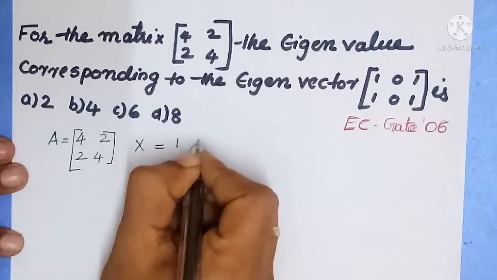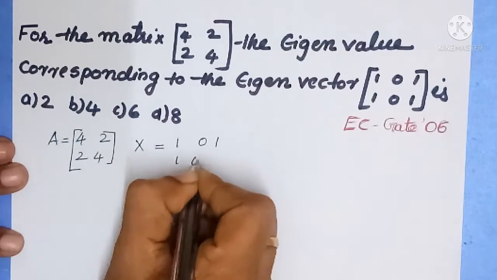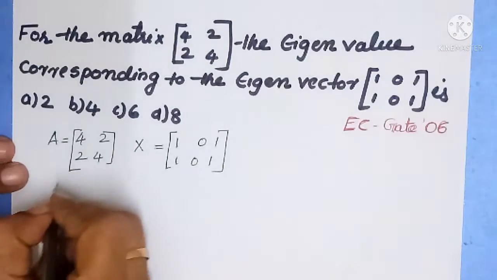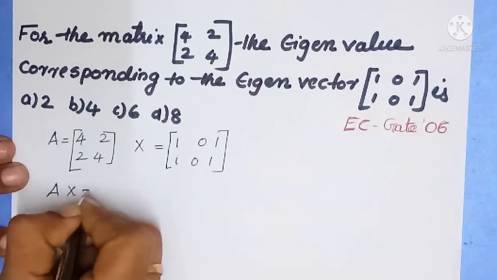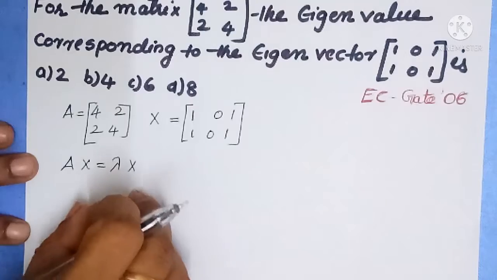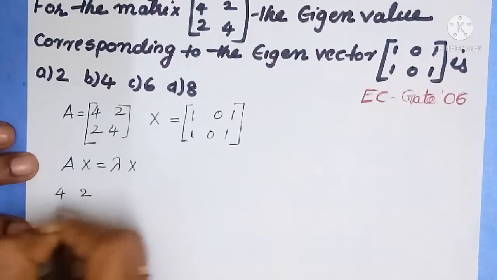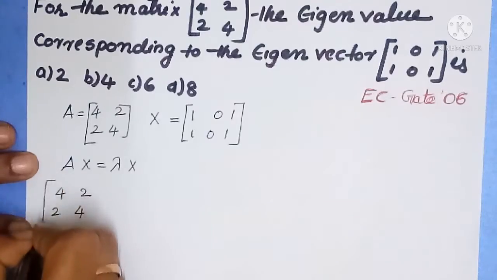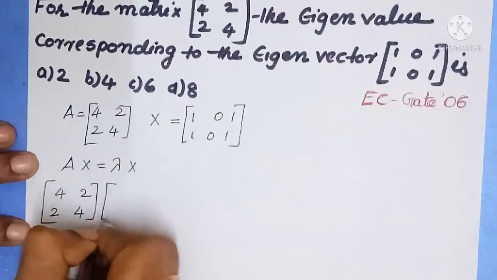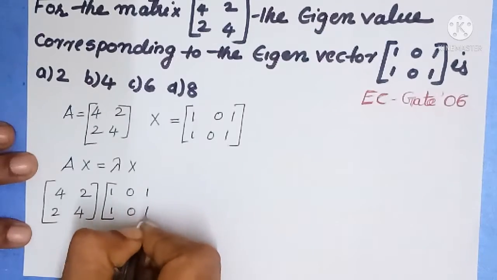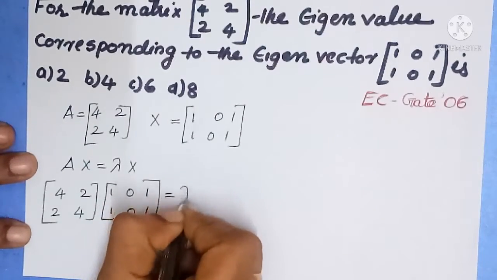X is equal to 1, 0, 1. Okay. We know the equation Ax should be equal to lambda x. So we can substitute the values into this equation: 4, 2, 2, 4 into X, which is 1, 0, 1, equal to lambda x.